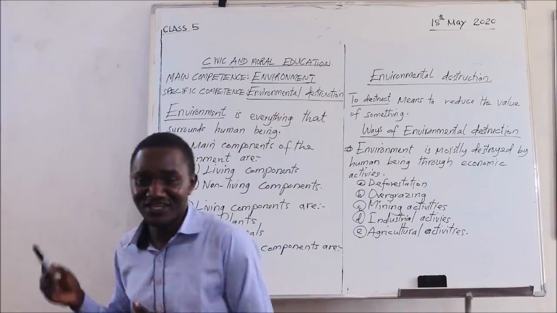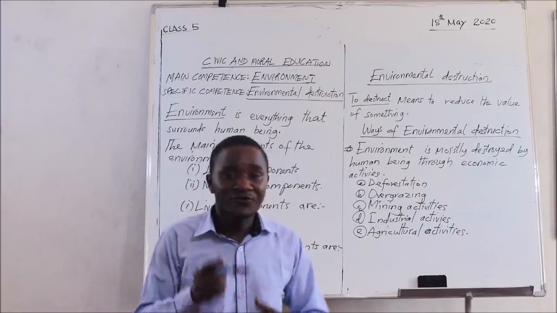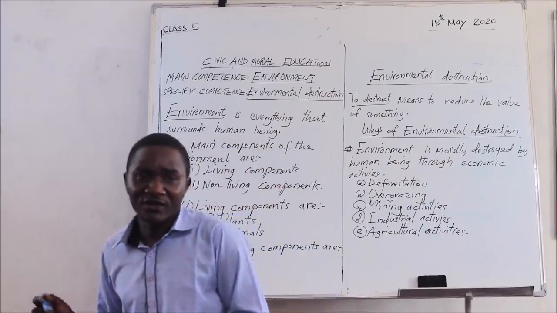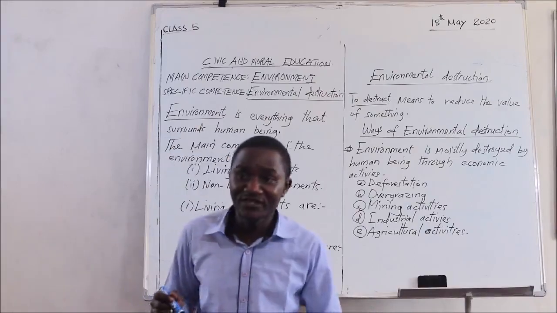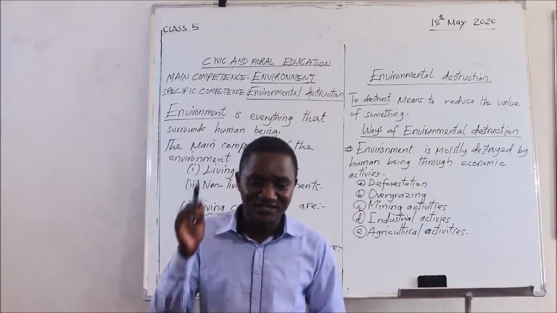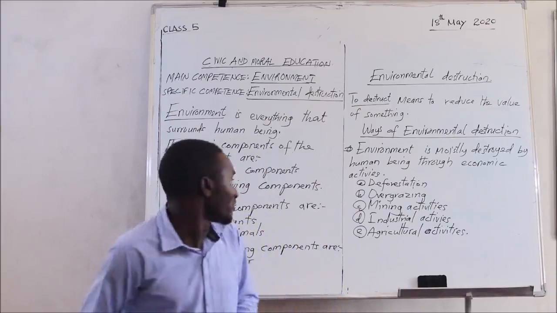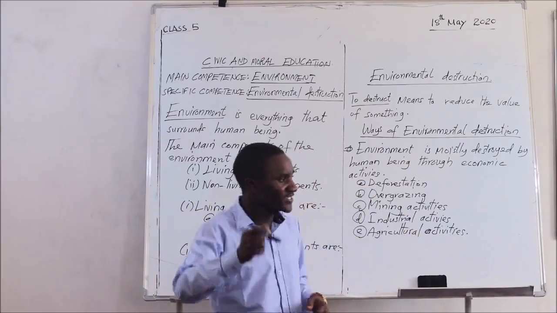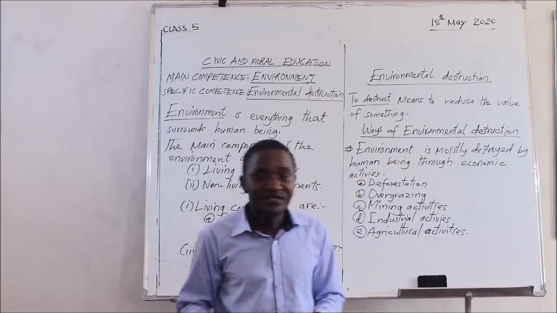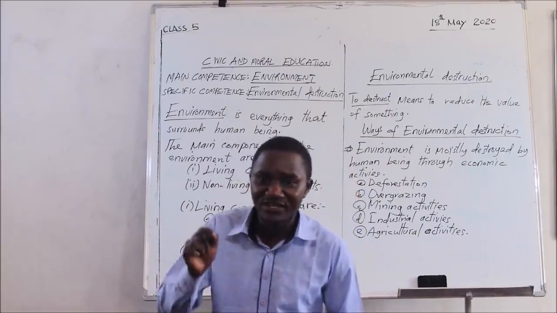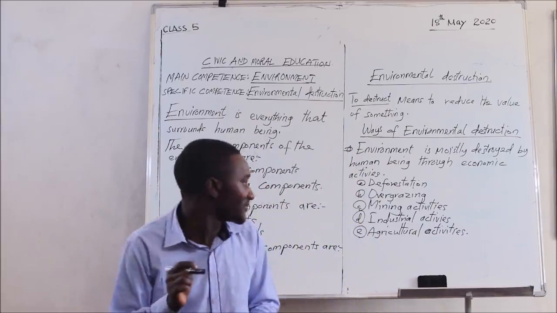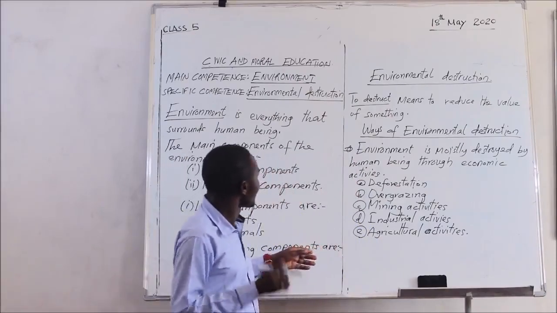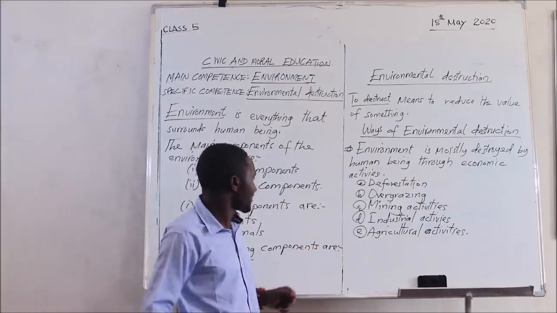Sometimes people can cut down trees in order for agricultural activities, or for the purposes of making furniture, like tables and chairs. So this led to environmental destruction. When people cut down trees, they change the nature of that area, of that environment. That's why we say it is among the ways of environmental destruction.